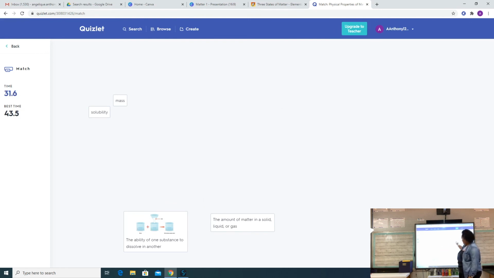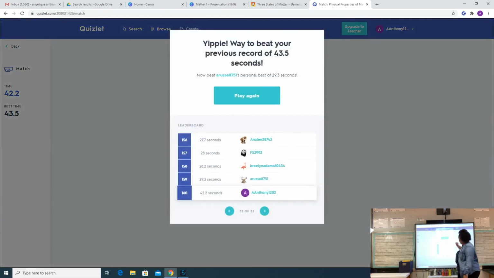We know that one. The amount of matter in a solid, liquid, or gas, that is mass. The ability of one substance to dissolve in another. This is all that's left. I'm going to go with solubility. Oh, way to beat your previous record. All right, so we did really well. I think we got all of those correct.